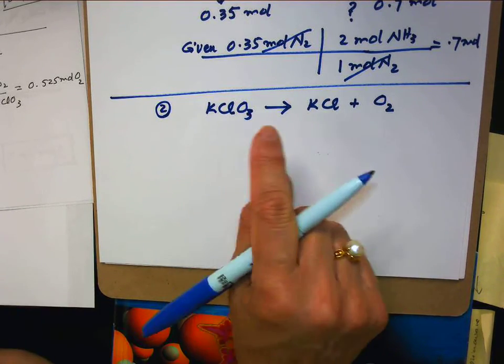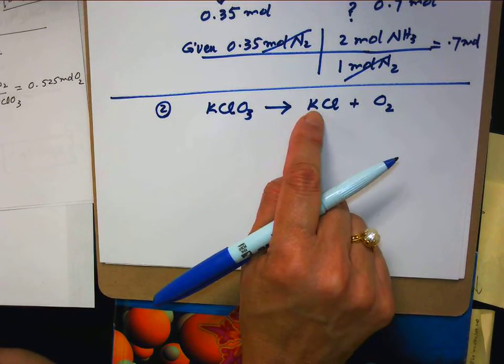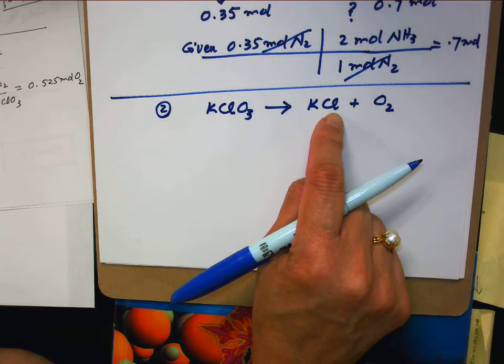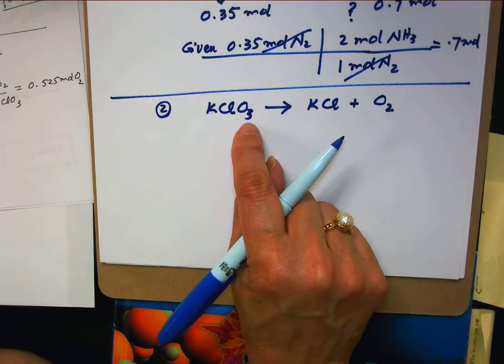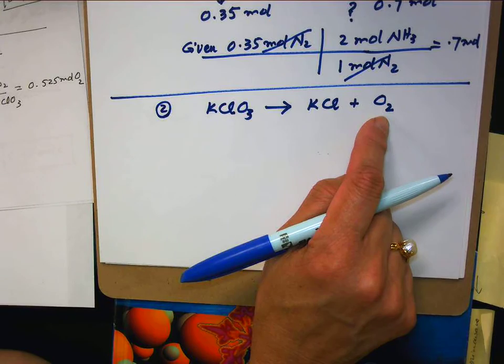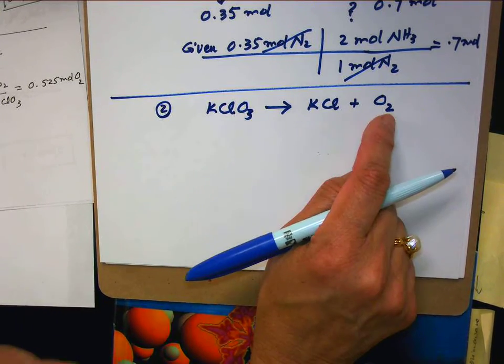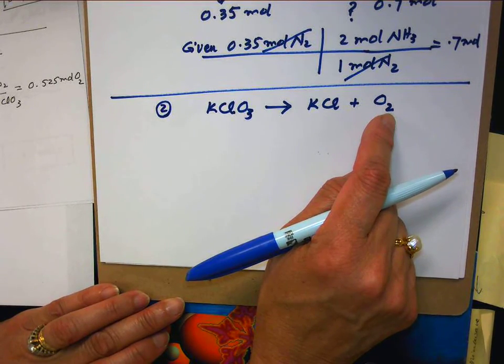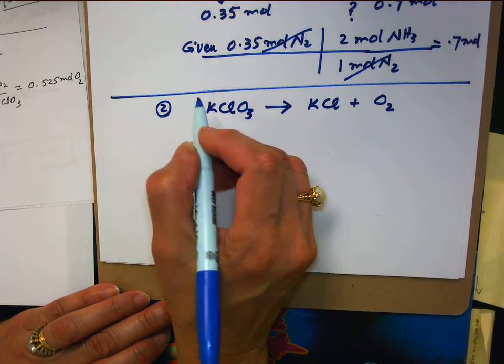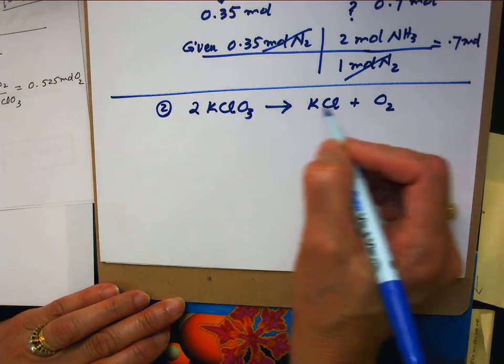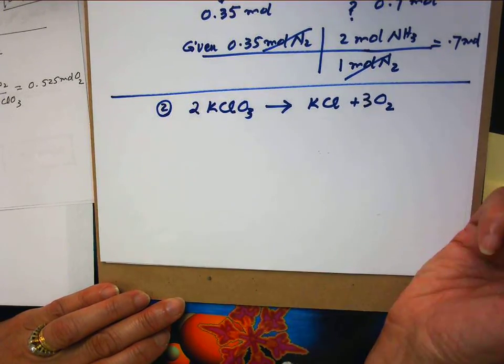So when you look at the equation, K is 1, chlorine is 1, the only difference is the oxygen. All right, oxygen is 3 here, 2 here, so you need to make it even. So what do you do? Multiply by 2 here and multiply by 3 there.